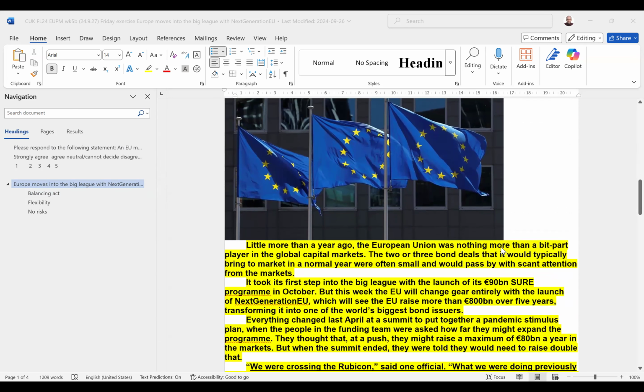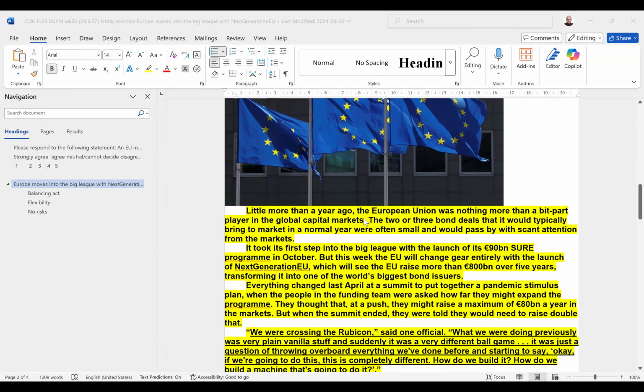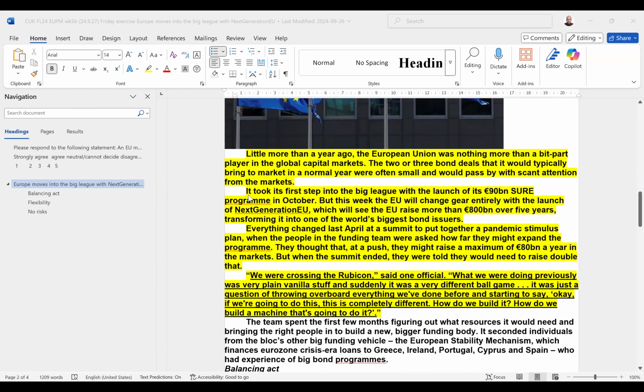It says here, little more than a year ago, the European Union was nothing more than a bit part player in the global capital markets. The 2 or 3 bond deals that it would typically bring to market in a normal year were often small and would pass by with scant attention from the markets. But then it took its first big step into the big league with the launch of the 90 billion SURE program in October last year, again, during the pandemic.